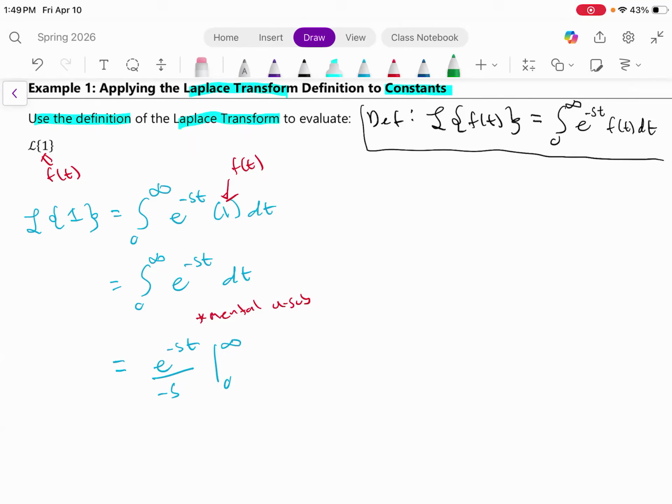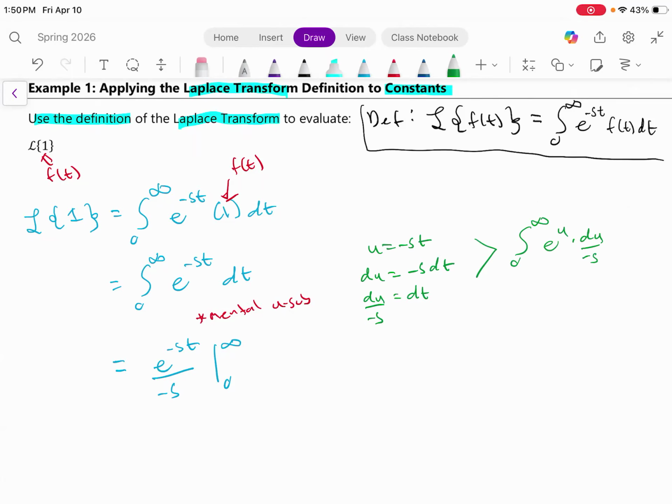If you are still having trouble with that mental u-substitution, you could do u equals negative st, du equals negative s dt, and then divide the negative s over. Your integral would be from 0 to infinity of e to the u times du over negative s.